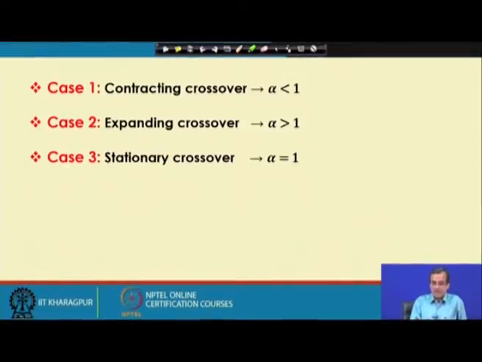If alpha is less than 1, that is called the contracting crossover. If alpha is greater than 1, that is called expanding crossover, and if alpha is equal to 1, that is called the stationary crossover.